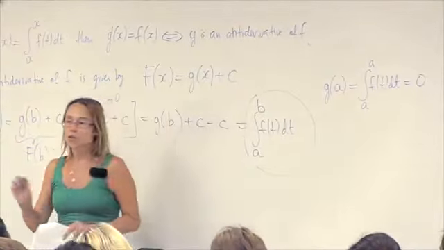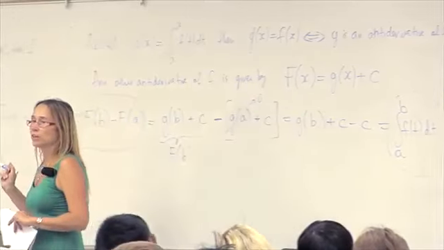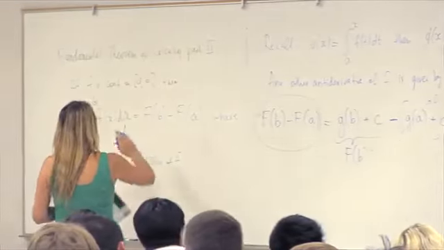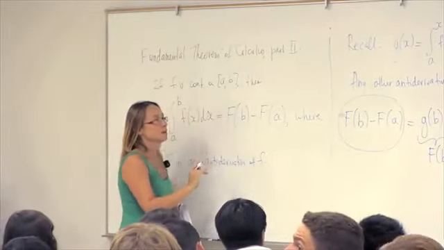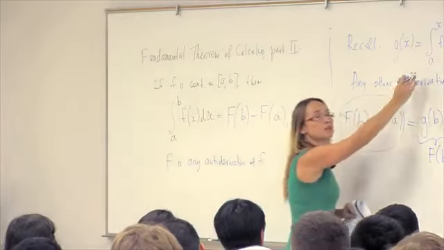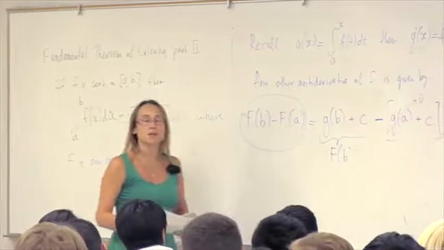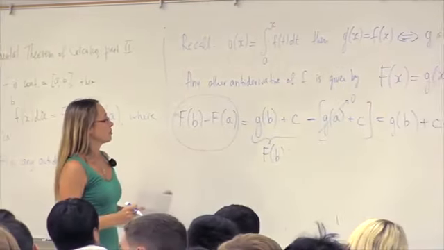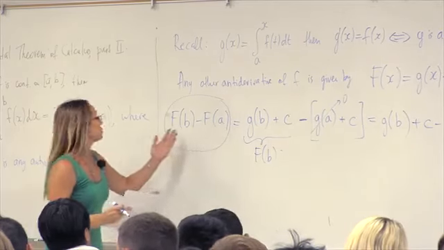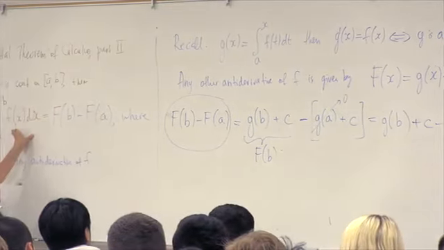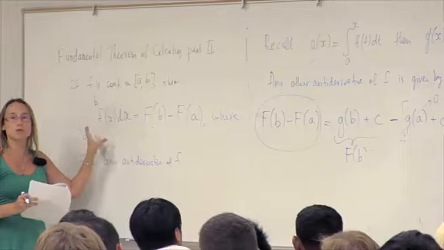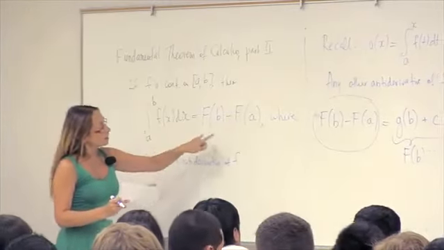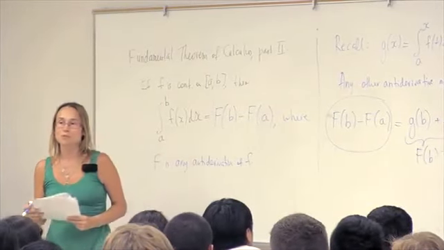So it's not a mnemonic rule anymore. We can prove this amazing result by looking at this intermediate function g. And this result relates a definite integral, which often has the meaning of area, and the notion of antiderivatives. Questions?